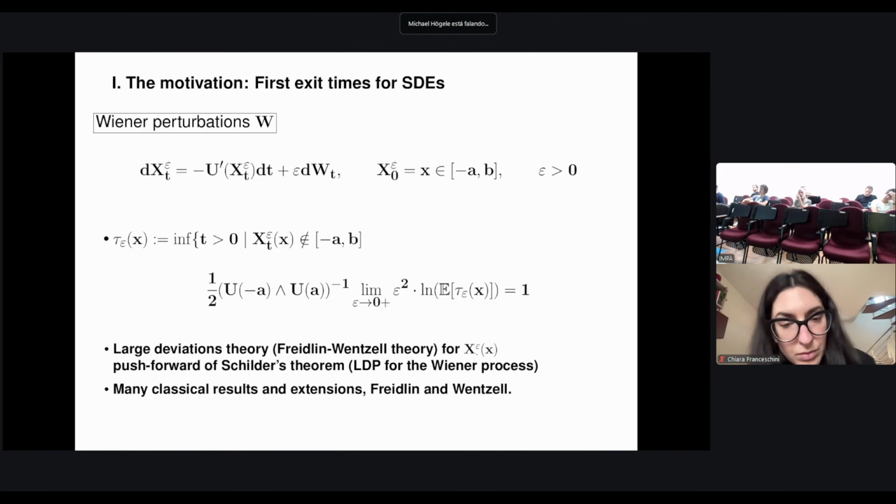And what you have is that the expected first exit times behave like e to the, and then you have some kind of function which depends on a certain pseudo potential, evaluated in the highest point you have to overcome, divided by epsilon squared. So this is e to the constant over epsilon squared.